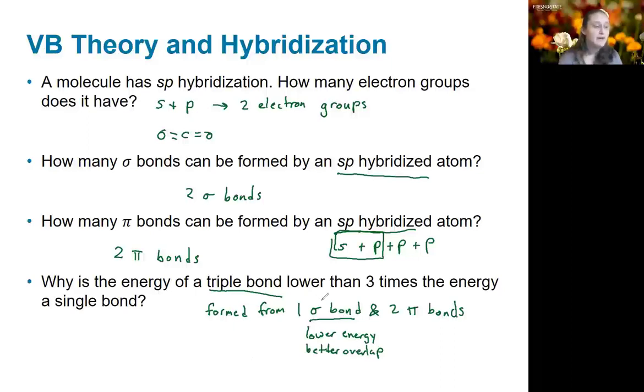If you have multiple bonds, they always have one part of the bond that's a sigma, and then the other parts are pi bonds. And so with a triple bond, we would have 1 sigma bond and 2 pi bonds. And so the reason that it's not just 3 times the energy of a single bond is that we have 2 of those bonds that are higher energy and easier to break.